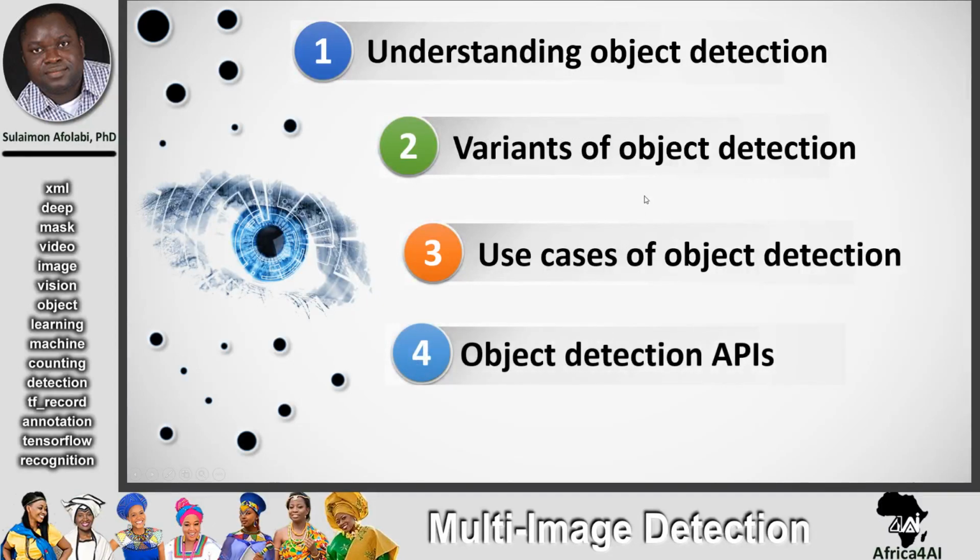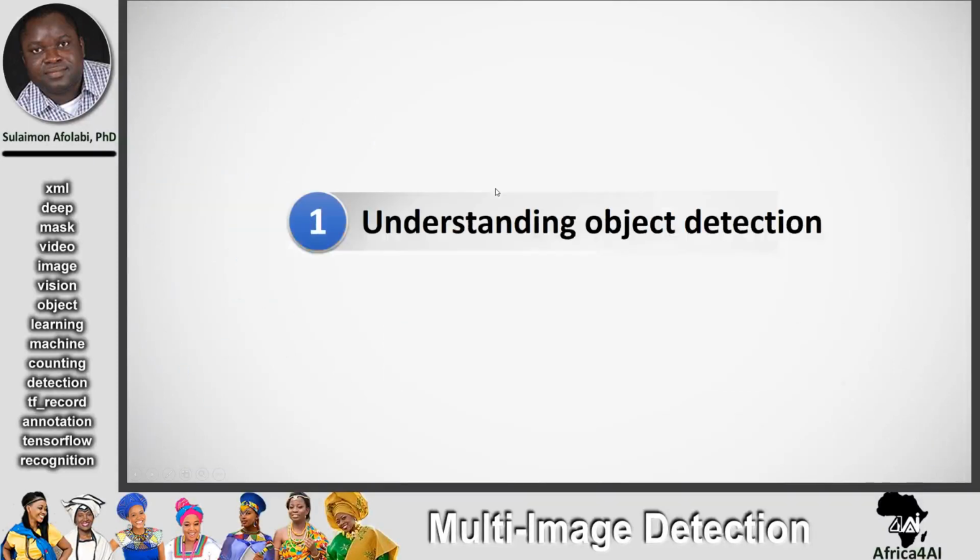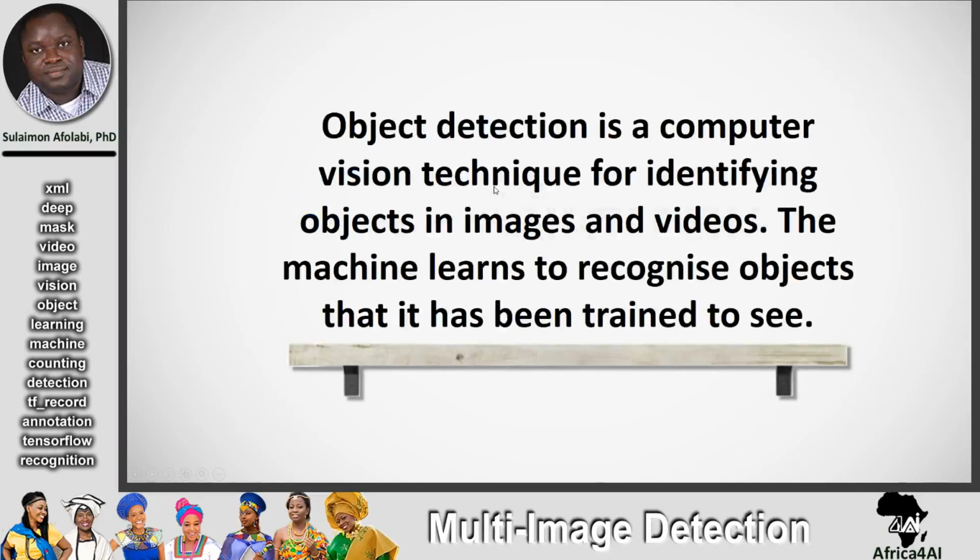Number four, object detection API. And lastly, object detection implementation steps, the steps that you need to take note of in order to implement an object detection project.